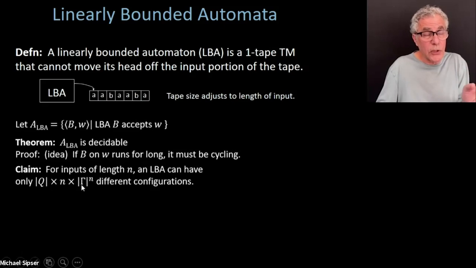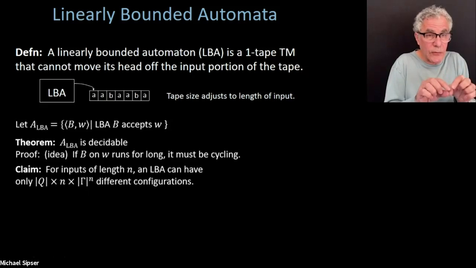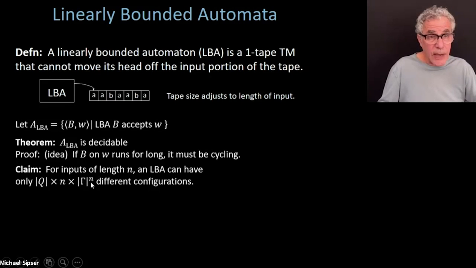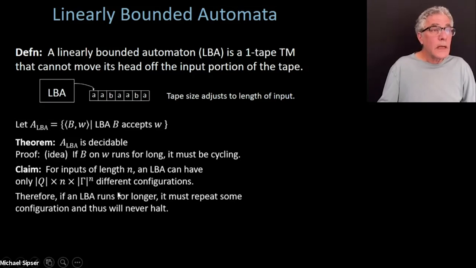If the tape was only one cell long, this is the size of the tape alphabet. If the tape had two cells on it, the number of possible tape contents would be the square of the alphabet size. And if the tape is n symbols long, it's going to be the tape alphabet size to the nth power. So if the machine runs for longer than that, it's got to repeat some configuration, and it'll never halt.